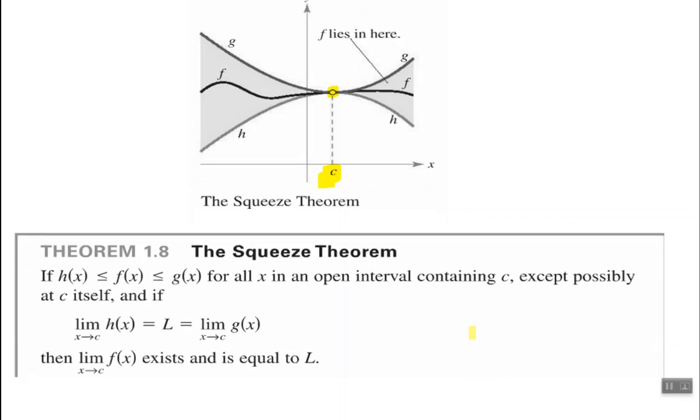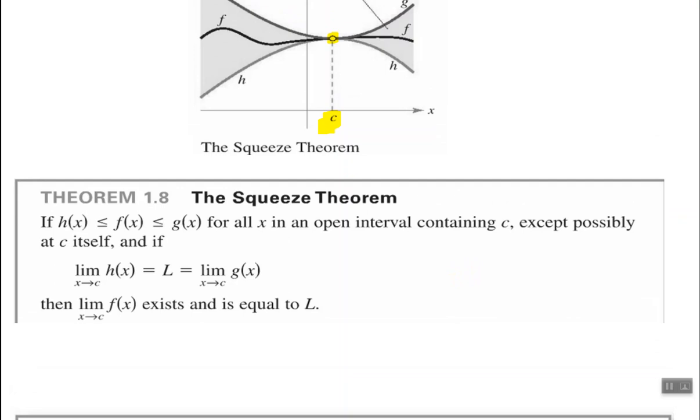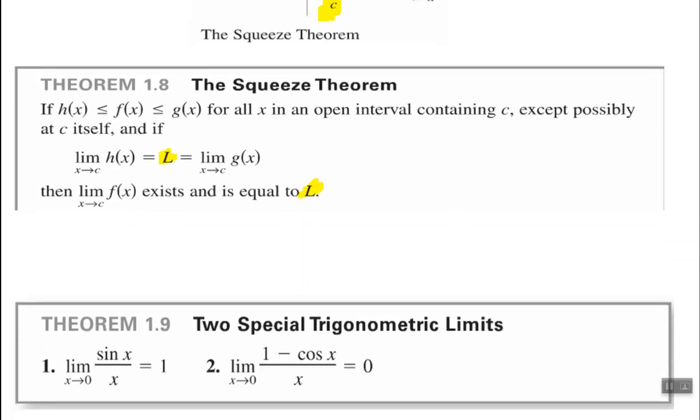And that is the squeeze theorem, theorem 1.8 right there. It says that if h of x and g of x have the same limit L as x approaches c, then the limit of f of x exists and is also equal to L. All right, just be aware of the squeeze theorem.